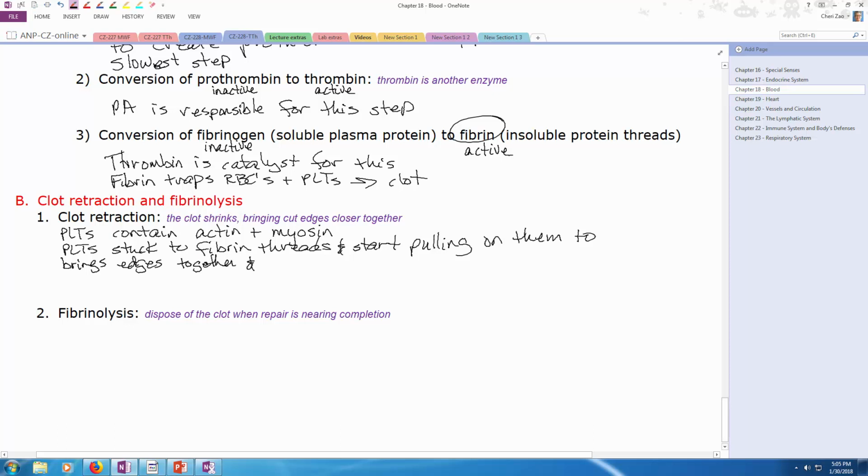And when they do so, as they pull things together, they're going to squeeze out our plasma. I'm going to put plasma in quotation marks because it isn't plasma anymore, because it is really serum.